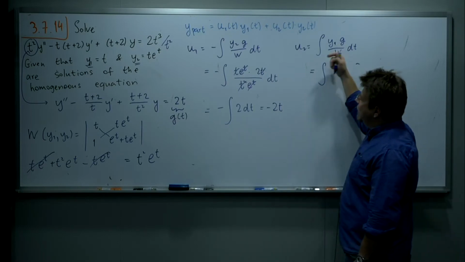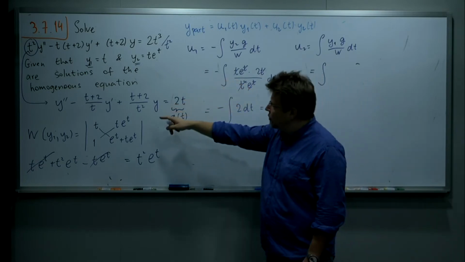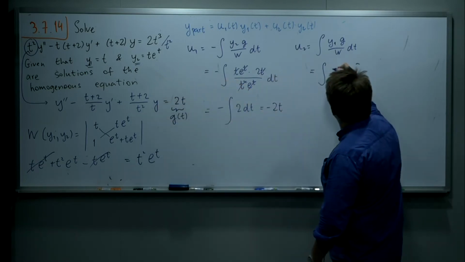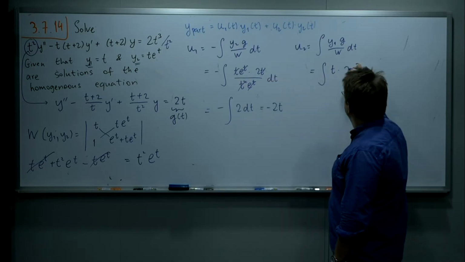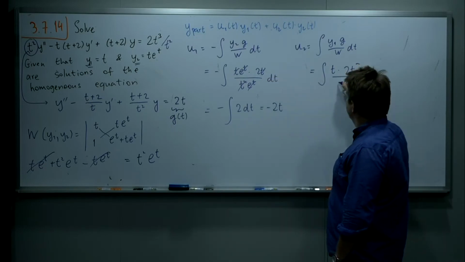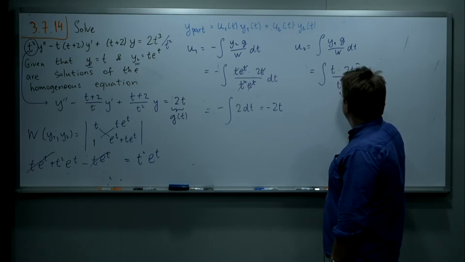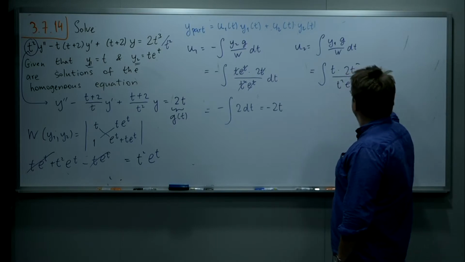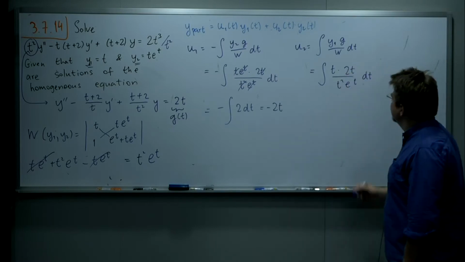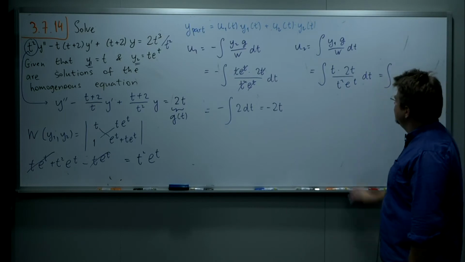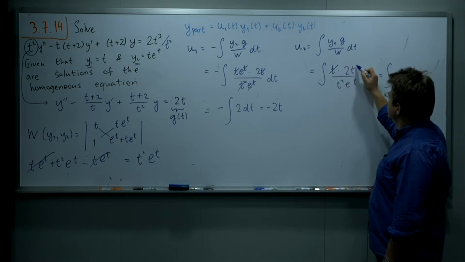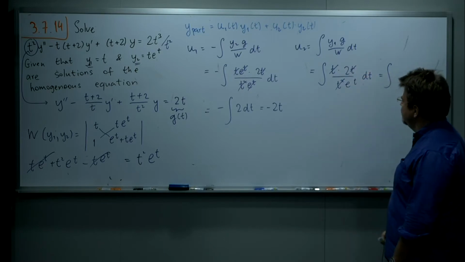So this is u1. Now let's do u2. So we have the integral of y1, our y1 is t. Then g is still 2t divided by t squared e to the t, dt. So what do we have here? t squared cancels out.